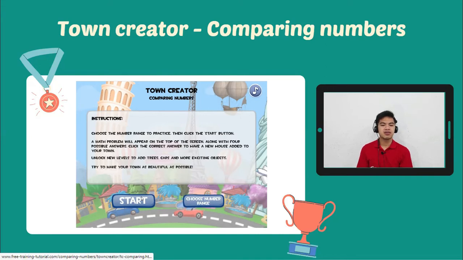Click the correct answer to have a new house added to your town. Unlock new levels to add trees, cars, and more exciting objects. Try to make your town as beautiful as possible. So let's go. Let's start this game.